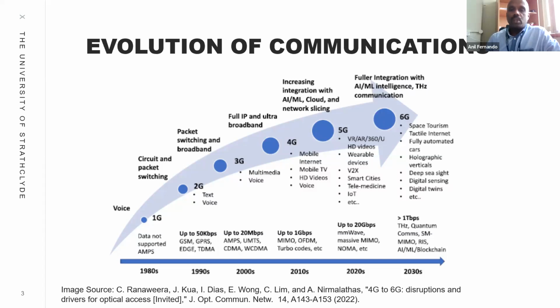We call it V2X communication, smart cities, telemedicine, IoT, and different other applications which we are starting to witness nowadays. Increasing integration with AI and machine learning, cloud and network slicing were the main key technologies compared to the fourth generation network we had about 12, 13 years ago.